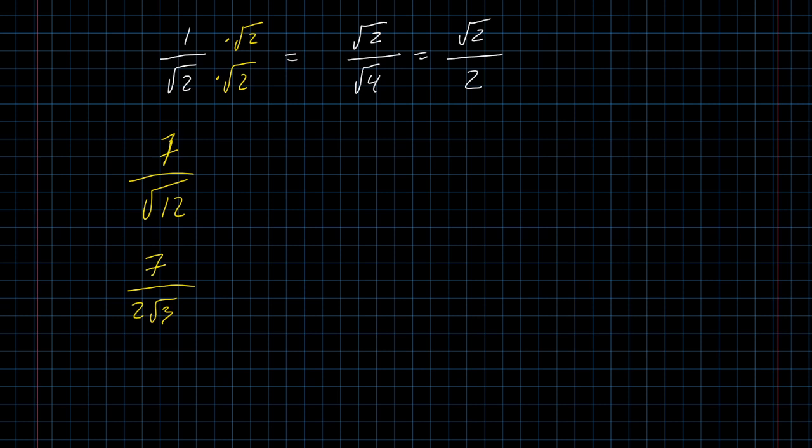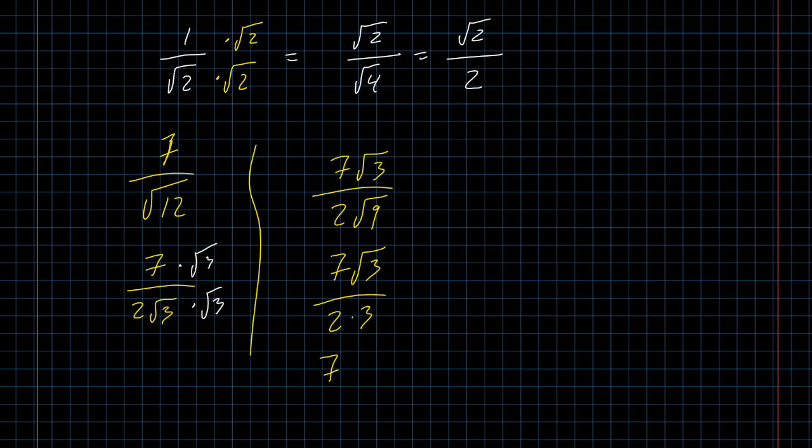Once I have done that, I recognize I don't have to multiply by root 12 in the numerator and denominator. The only thing I have to worry about with the root is the 3. So let's multiply by the root 3 in the numerator and denominator. When I do that, I'm going to have 7 root 3 over 2 times the square root of 9. Square root of 9 is 3.